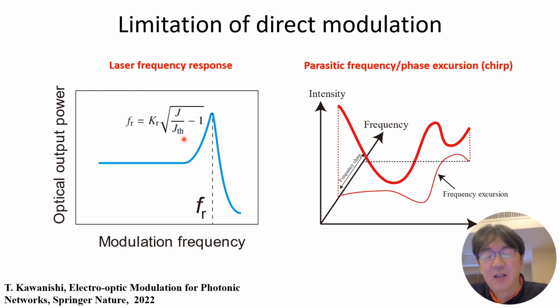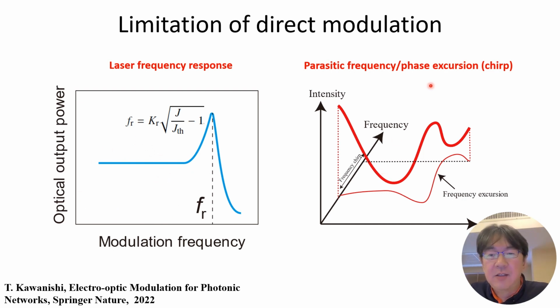There is a damage threshold, so we have to properly set up the current J. And if we put in a high frequency signal, whose frequency is higher than the frequency FR, the response will be very small. So we have to use direct modulation in this frequency range.